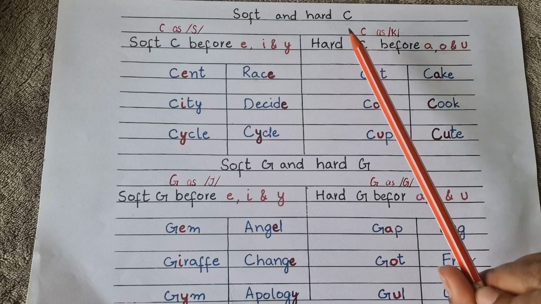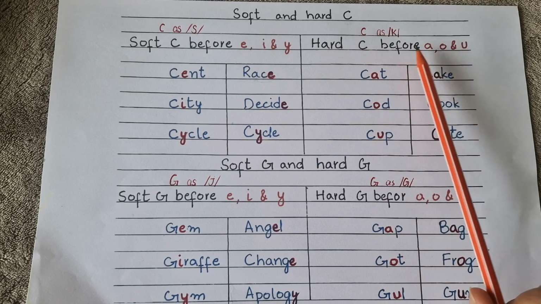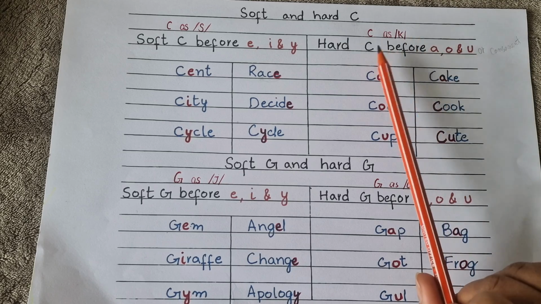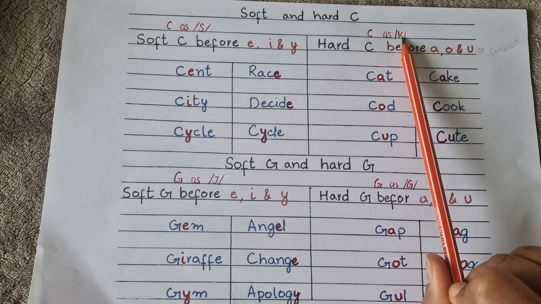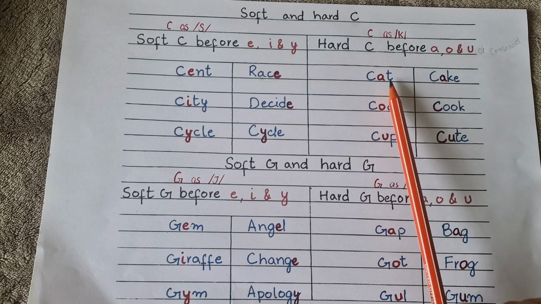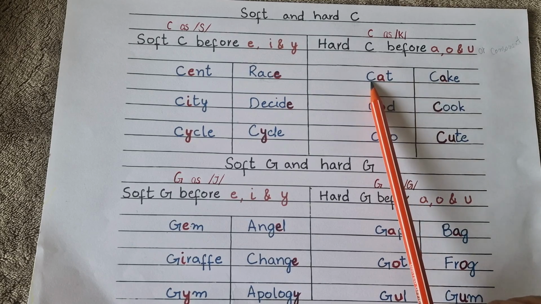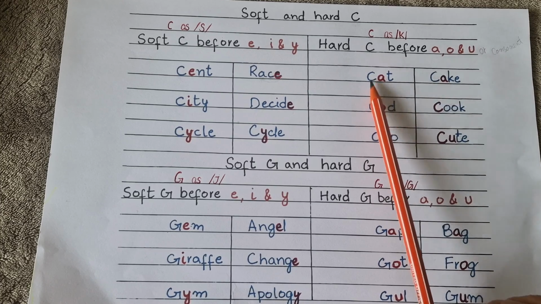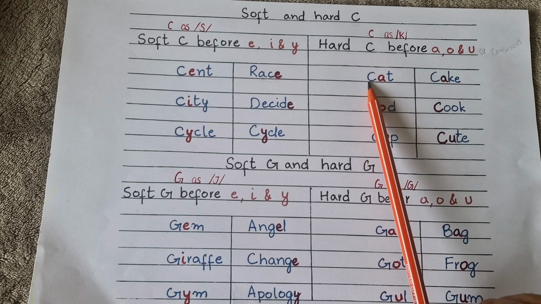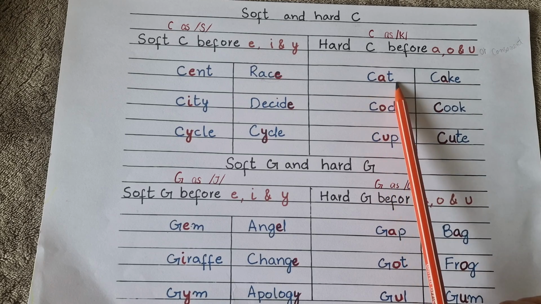Now listen carefully. If hard C comes before A, O, U or any other consonants, then we will read C as K sound. Now let's look at some examples with me. Cat. We are reading C as K sound because it has A just after the letter C. So we will read K, cat.